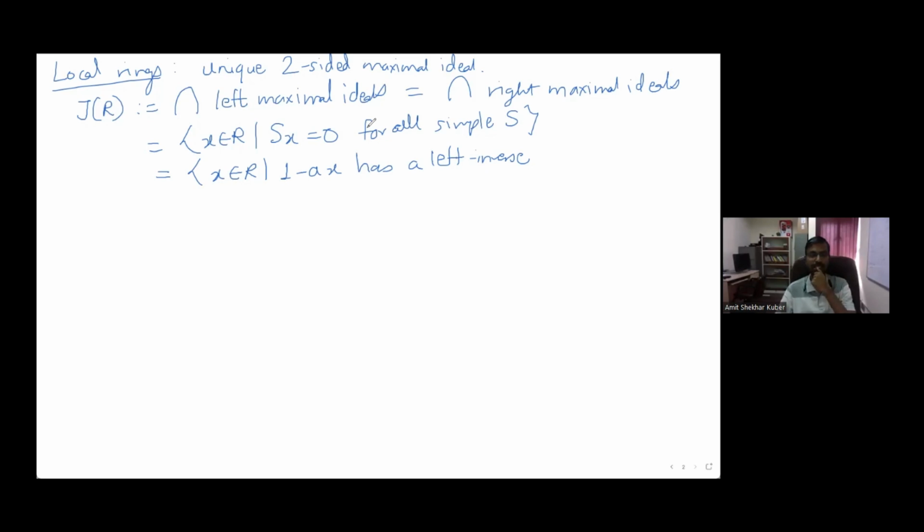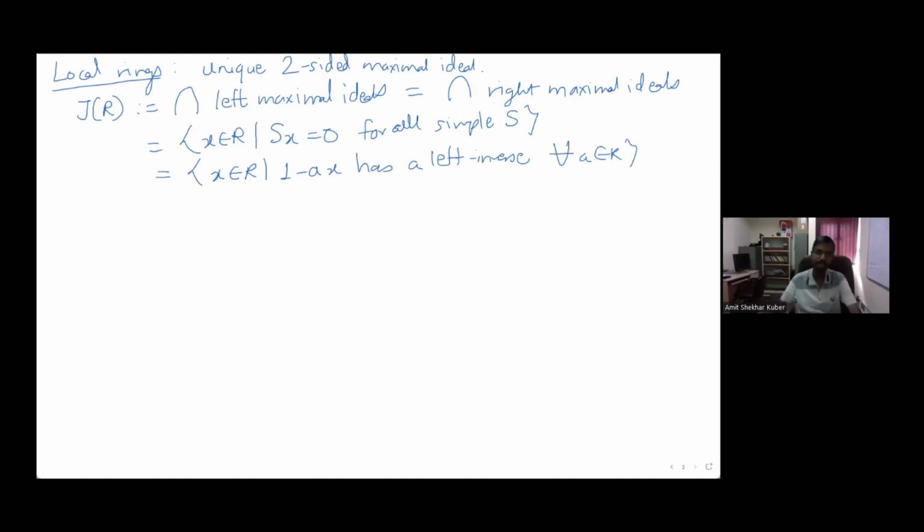Okay, perhaps I will tell you a bit later. I wanted to include that result for some other result. So 1 minus ax has a left inverse for all a in R. You can write the same thing for a right inverse.